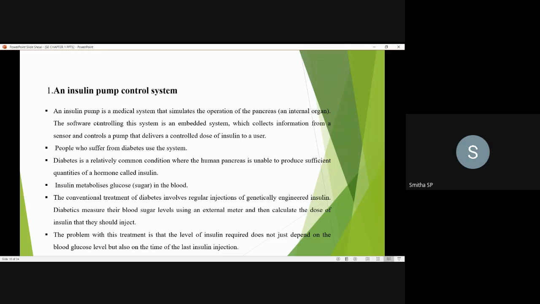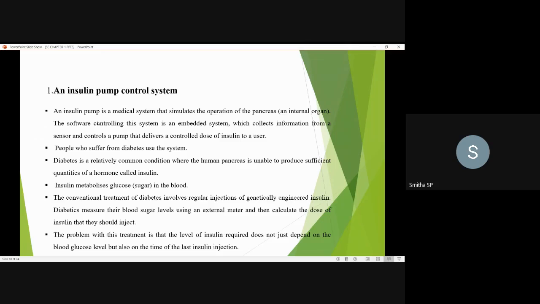Blood sugar levels will be measured through an external meter, and the required dose of insulin, that is the amount of insulin required for a patient, will be calculated and then injected into the human body.